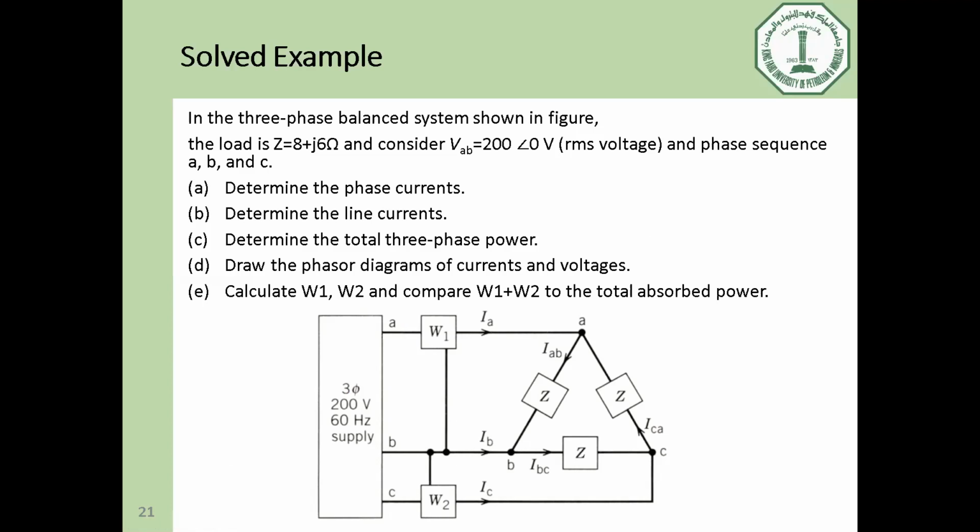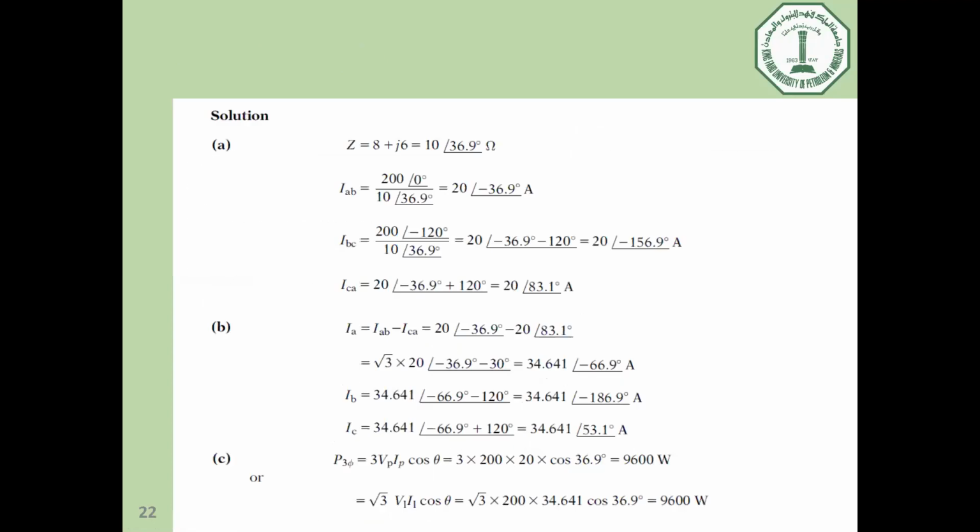The load is delta and the given supply is line to line. So do we need to convert to star or not? No, it's VAB over Z. Exactly. It's very easy to solve here using line voltages. We have the line voltage and we have the impedance of the phase because it's delta here.